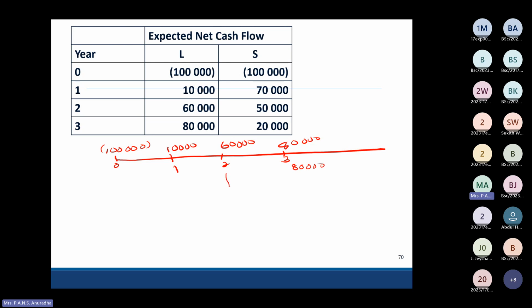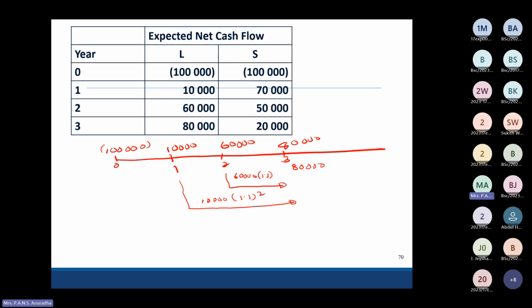But this 60,000 you have to compound for 1 year. Compounding, right? Not discounting. So we are going forward in the timeline. So 60,000 into 1.1. And this 10,000 at the end of year 1, you have to compound for 2 years: 10,000 into 1.1 to the power 2.